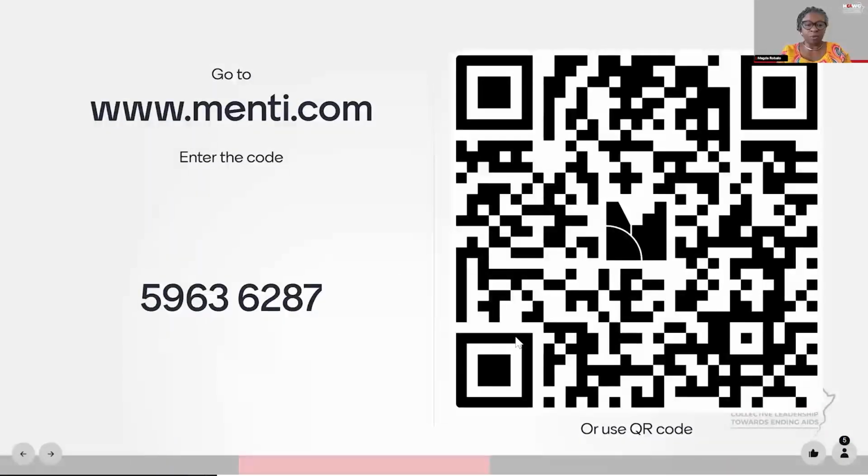So this is your code. On your right side of the screen, you have the QR code, which you can scan, or you enter the numbers on the left side of your screen.